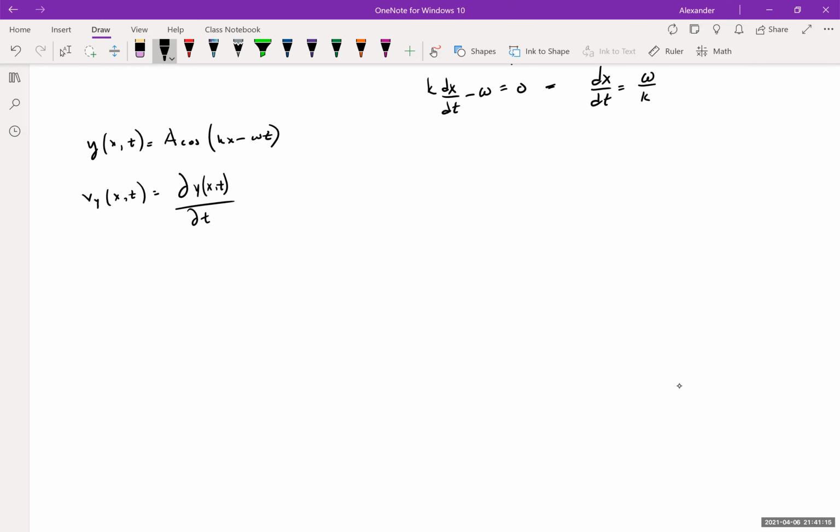The partial of the function y with respect to only time, holding x at its value along the string. Derivative of cosine is negative sine, but the negative omega from the argument gets us a positive sine and an omega out front.